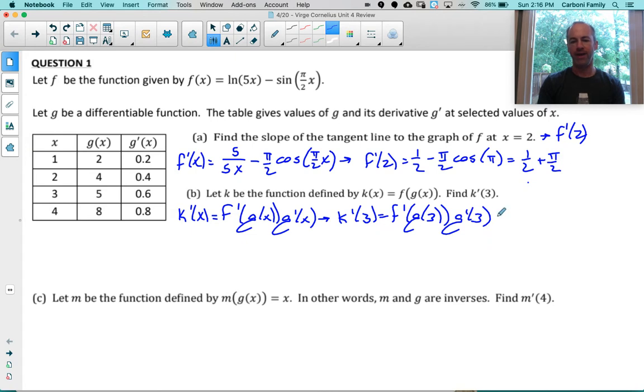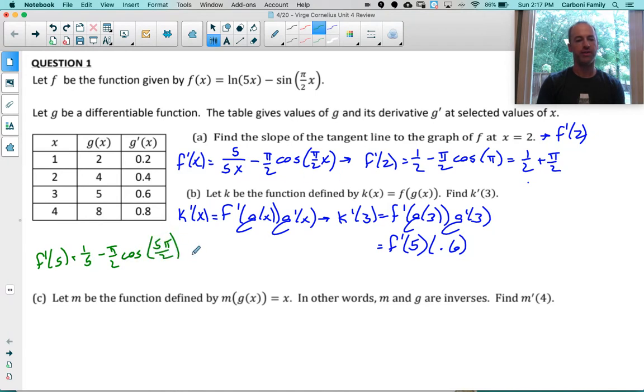And when I evaluate my g of 3 and my g prime of 3, g of 3 is 5, g prime of 3 is 0.6, and now I need to find f prime of 5, which is similar to question A. So I'm going to come over here on scratch paper. f prime of 5 would be 5 over 5 times 5, that's 1/5, minus pi over 2 cosine of 5 pi over 2, and cosine of 5 pi over 2 is 0, so that would just end up equaling 1/5.